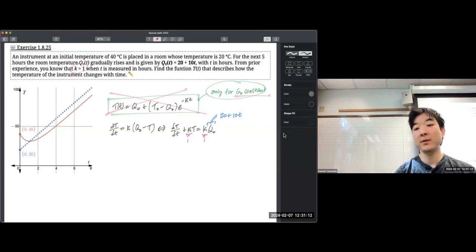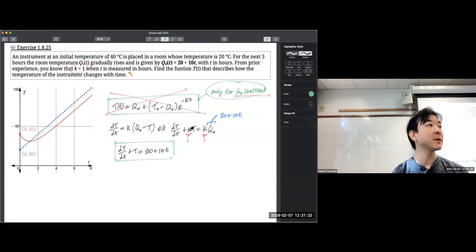So our actual differential equation is dT/dt plus T, because K is 1, is equal to 20 plus 10t. This is going to be the differential equation that we'll have to use. And the solution to this will not look like this because this solution was when Q naught was constant.